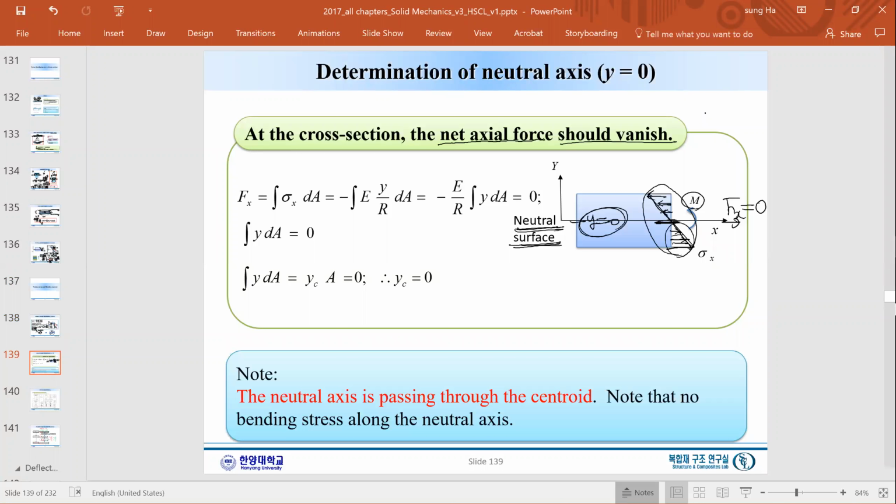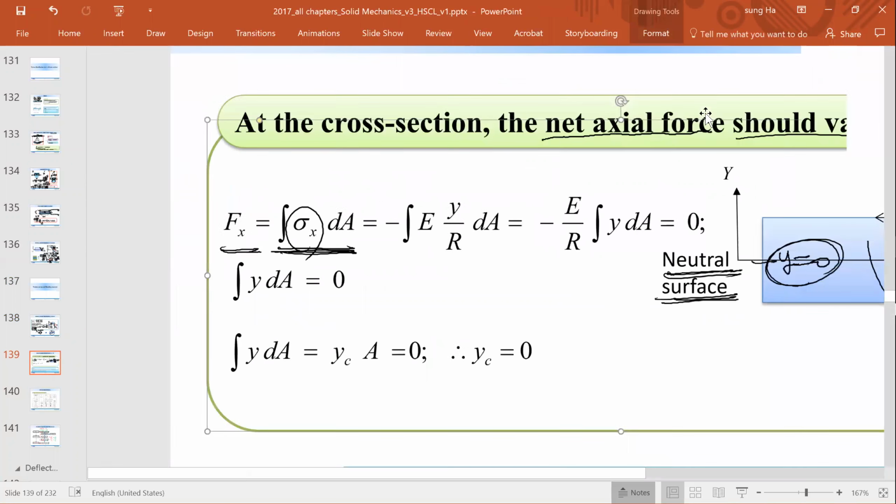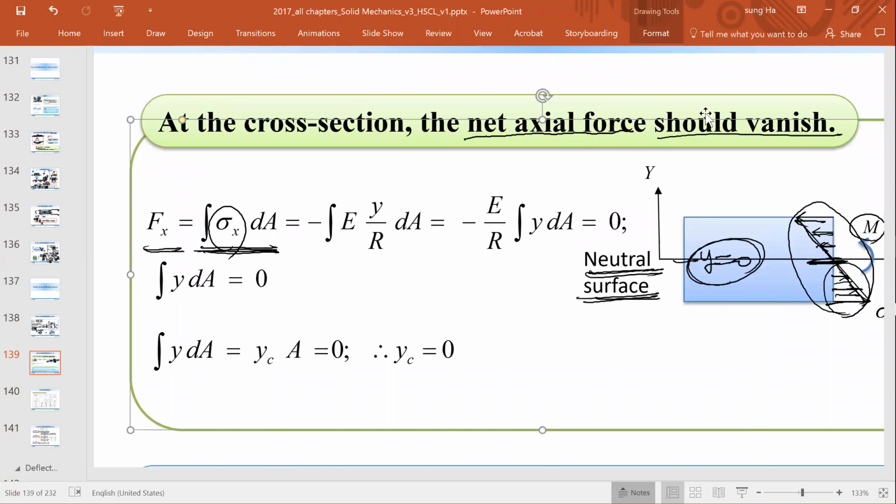So simply, Fx is the integration of sigma x over dA, and this sigma x, we already know, is the Young's modulus times the strain.